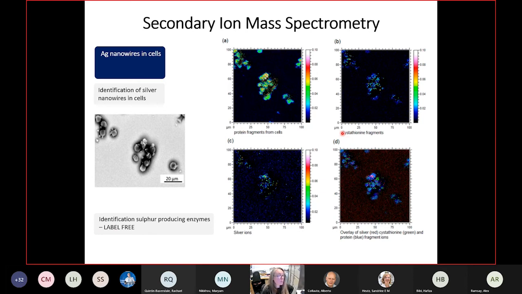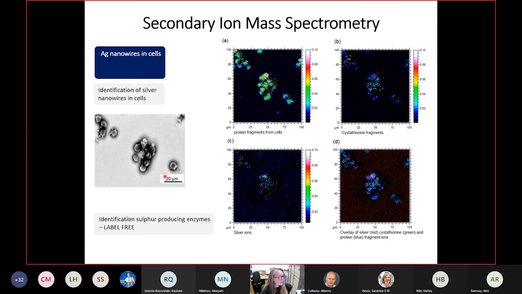And what we were looking for was these sulfur-based enzymes, to see whether the silver content in the cell was disrupting these enzymes, which are necessary for good lung function. We can see quite nicely the distribution of these sulfur enzymes, along with an ion signal from the silver ions as well.